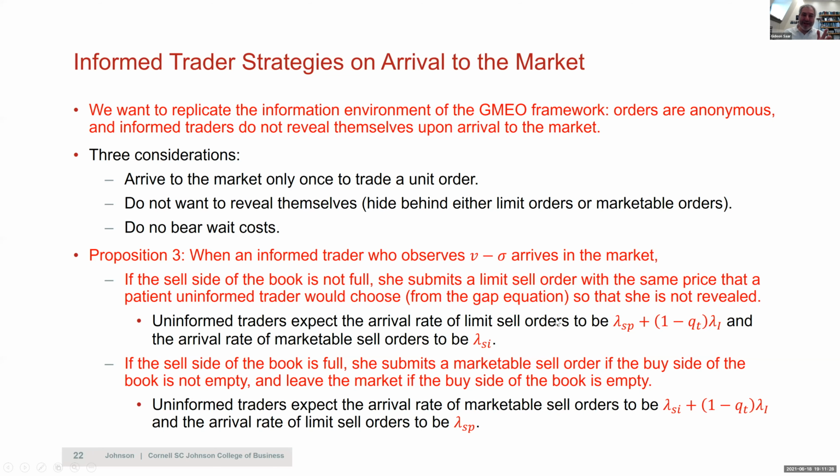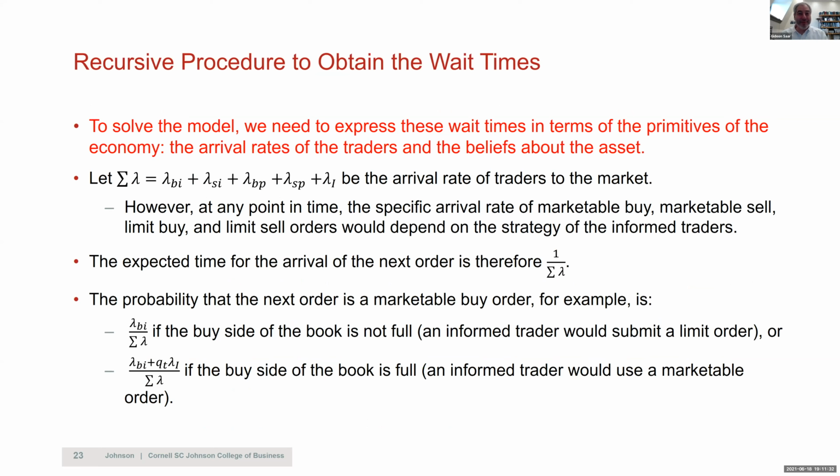So now, when the uninformed traders have figured out the arrival rate, we can use those primitives of the economy, right, the arrival rate and the beliefs, to figure out what's going to be the wait times. And to do that, you'll see some kind of long equations, but I'll go over one term at a time because the recursive logic is actually easy to understand. So I'm calling summation lambda simply the sum of all arrival rates.